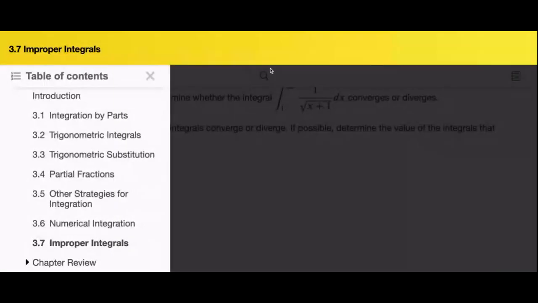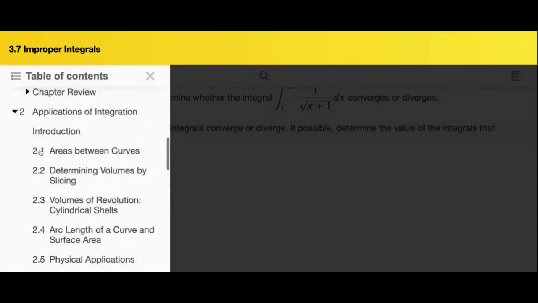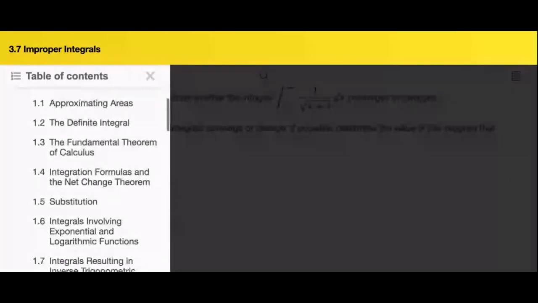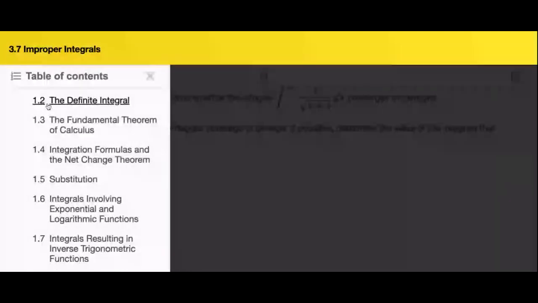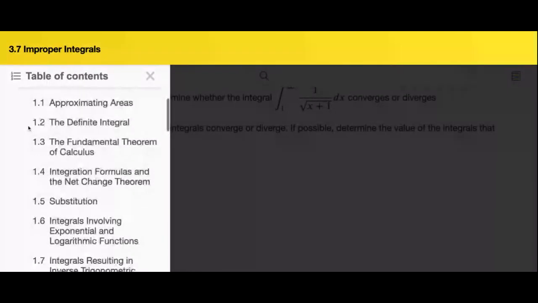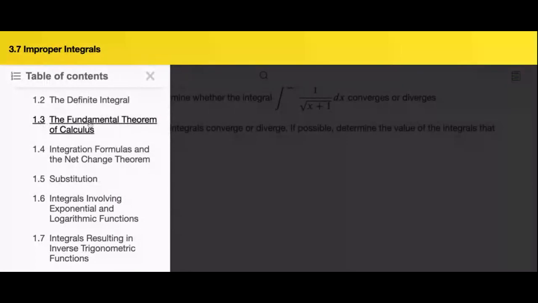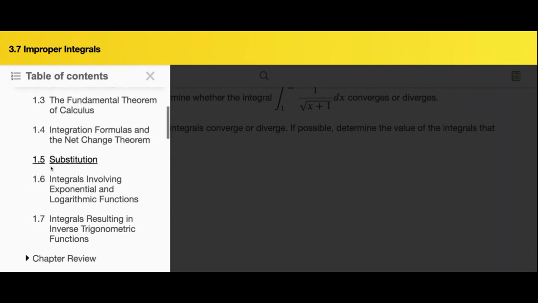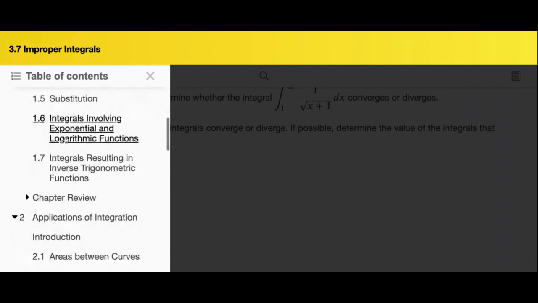Okay, you can see my screen, right? So they say you will have questions from section 1.2, 1.3. From 1.3, at least 2 questions, because the fundamental theorem of calculus has 2 parts, right? Integration, substitution, involving it.